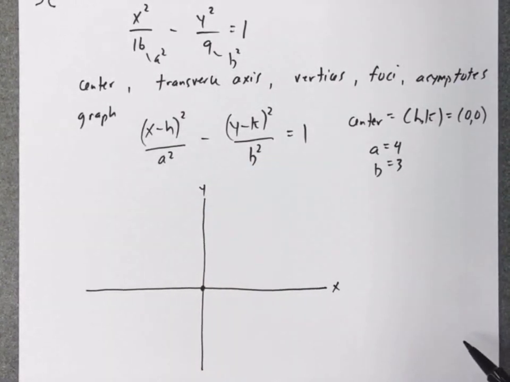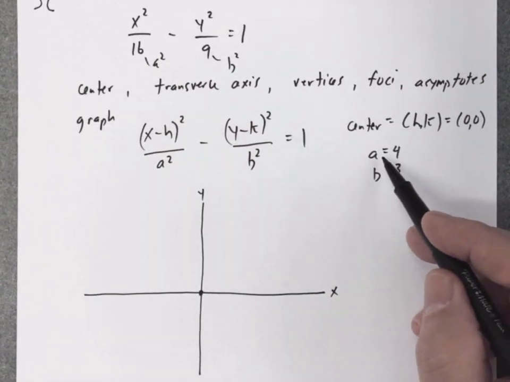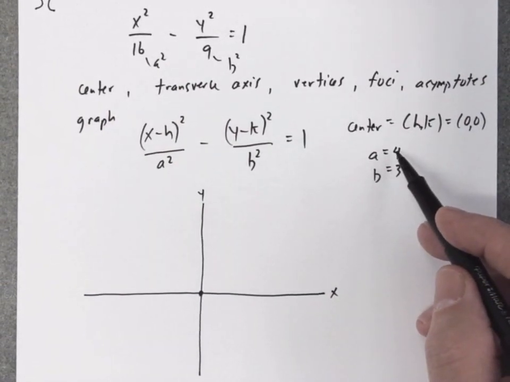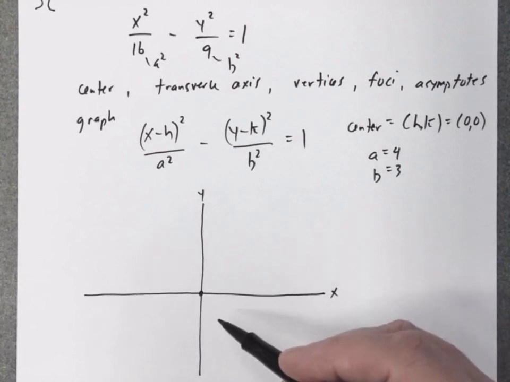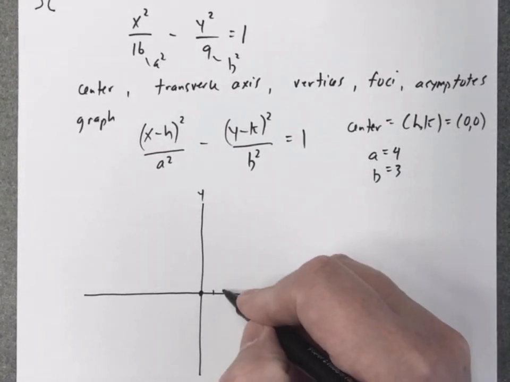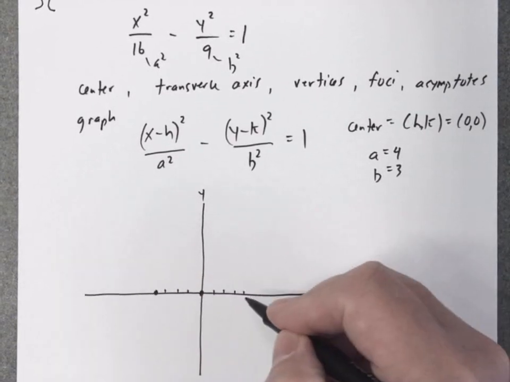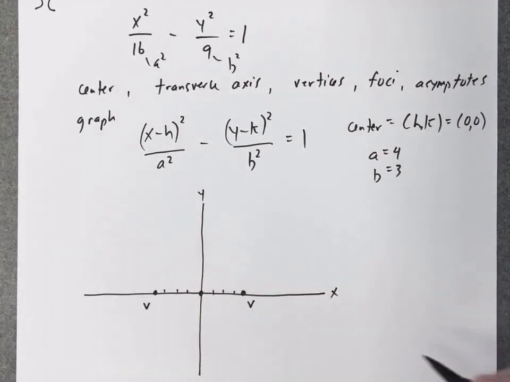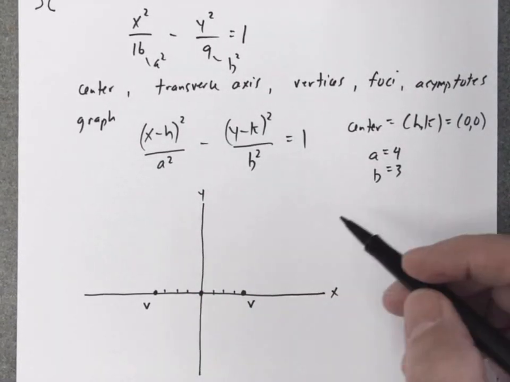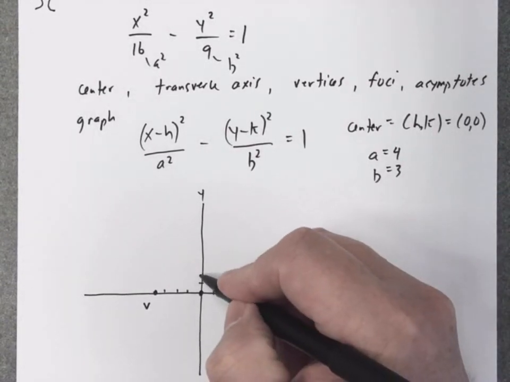Since I know this is a left or right, a is going to help me find my vertices, and I'm going to move a distance 4 to the left and the right. So these are going to be my two vertices. And then from the center, I'm going to move up and down the distance b, which is 3.